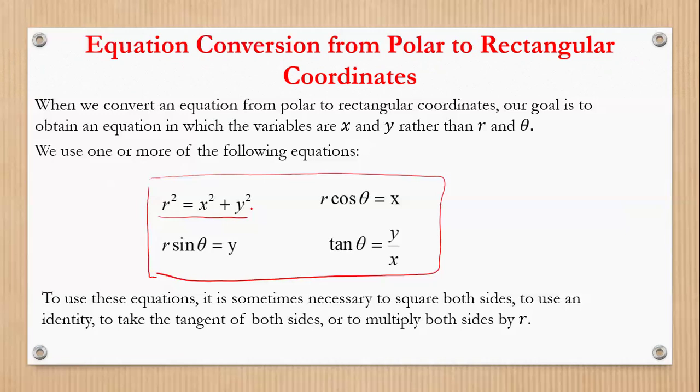If you don't have r squared, you need to square both sides. Sometimes you need to replace some other identities. Sometimes you may need to take tangent of both sides if you want to use this formula, for example. Or sometimes you may need to multiply both sides by r to get one of these cases. So based on the problem, you may need to do some steps before using any of these formulas.